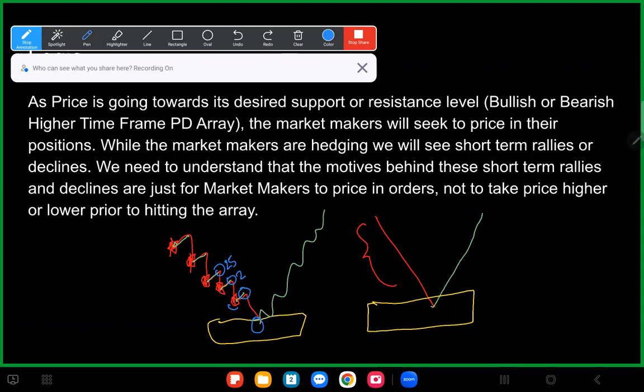That's also part of the logic behind why they get liquidated: the market makers are just hedging in their orders. Even though there's all this selling, they're hedging in their buys early, scaling in their positions, and that's why we expect one more drive lower for them to complete the pricing in of their orders, and then we see price go higher. So that's what I mean when I say all of this stuff over here.